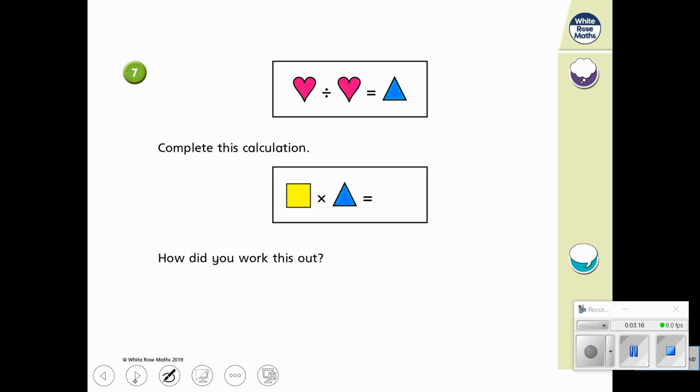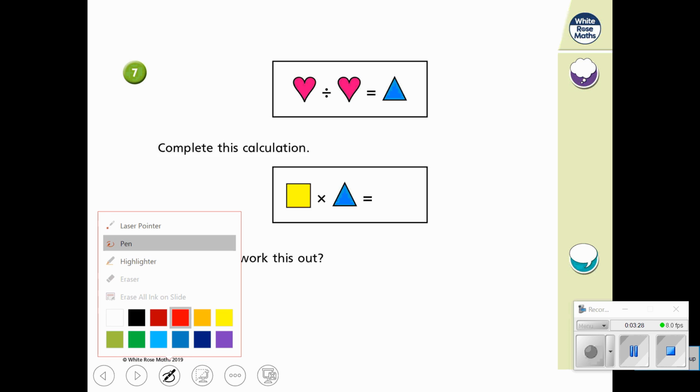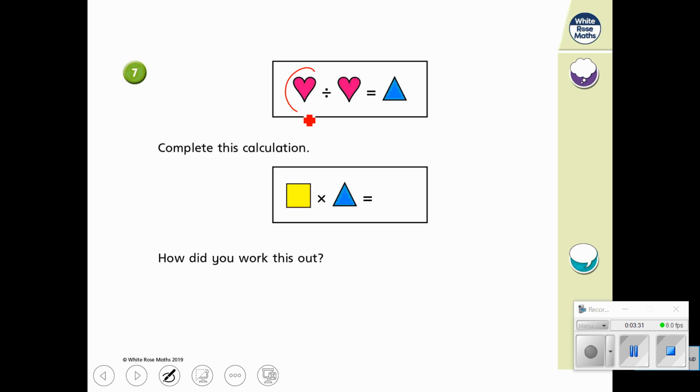Now this next question makes you think. So let's think very carefully about it. Okay, so we have two symbols here that are the same. So we know when you have any two numbers that are divided by themselves, the answer is always 1.